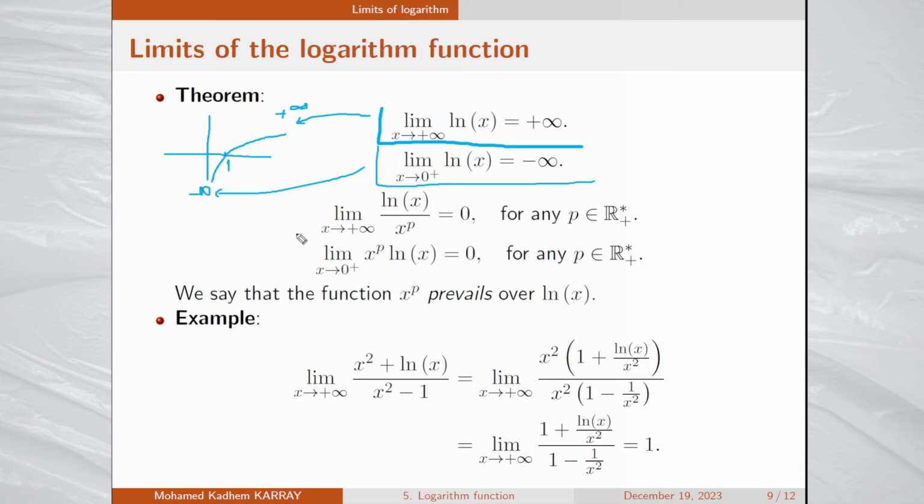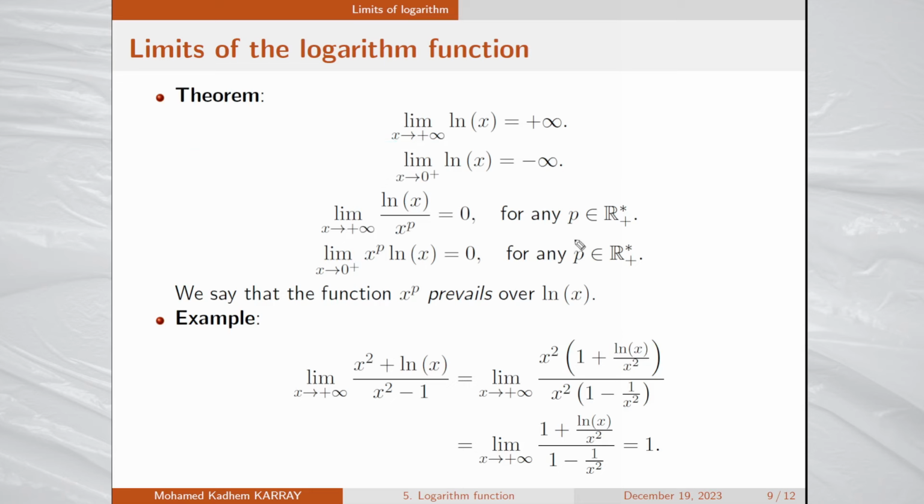Here is another useful property. The limit of the ratio of the logarithm divided by x to the power p, where p is a positive real number, equals 0. Indeed, this limit is in an indeterminate form, since here we have plus infinity, and here also we have plus infinity.